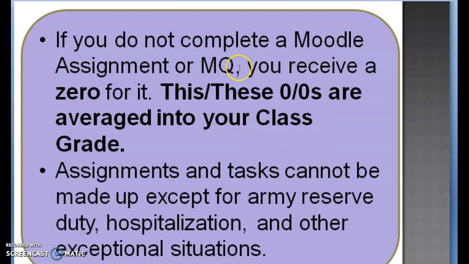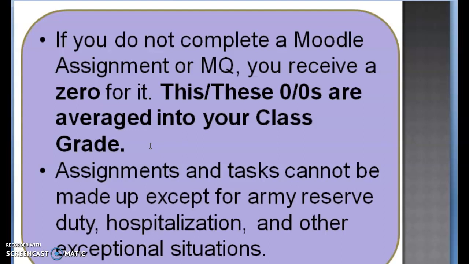If you do not complete a Moodle quiz or assignment, you get a 0, and these zeros are averaged into your class grade. If you have a wedding or a Brit and you can't do 1 or 2 tasks in 1 month or another month, this will not severely hurt your class grade.